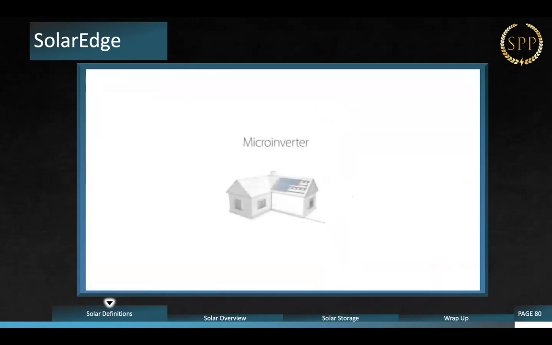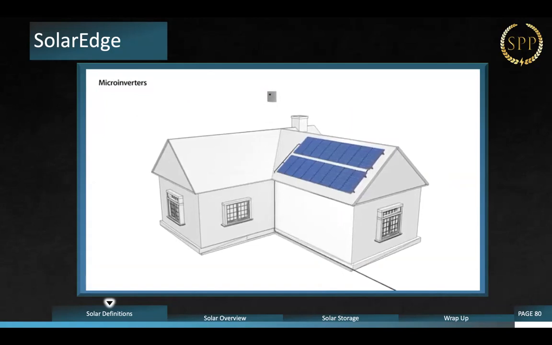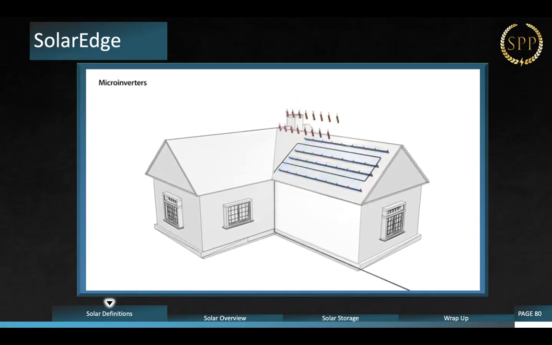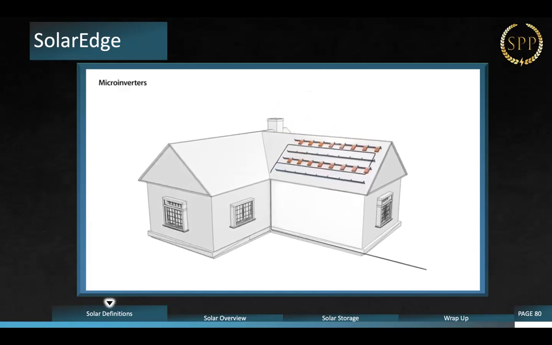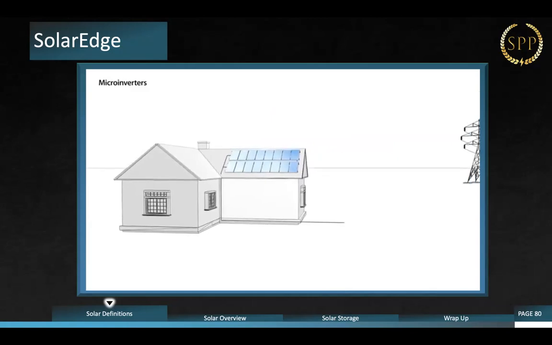In the 90s, another inverter topology was introduced: the microinverter. This topology takes the functionality of the traditional string inverter and scales it down to fit a single panel. By controlling each panel individually, microinverters are able to solve certain challenges of the traditional system. However, microinverters have their own inherent drawbacks.